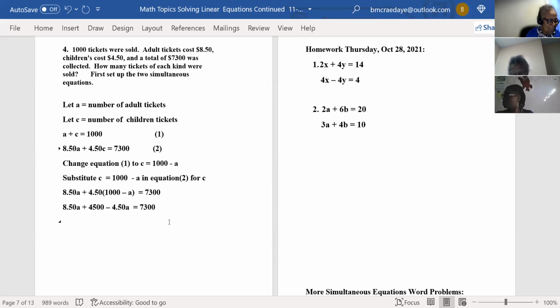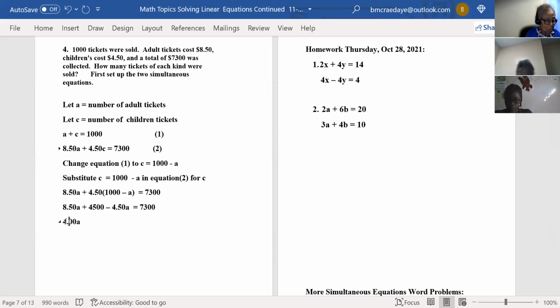What's 8.50A minus 4.50A? When you subtract 4.50 from 8.50, what do you get, Maureen? You get 4.00A, right? I didn't put the two zeros, I just put 4.